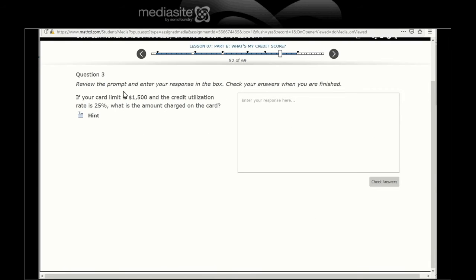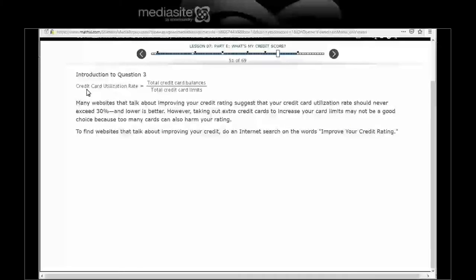So some questions here. If your card limit is $1,500 and the credit utilization rate is 25%, what is the amount charged on the card? Now recall, credit utilization is total credit balance over total credit limit.